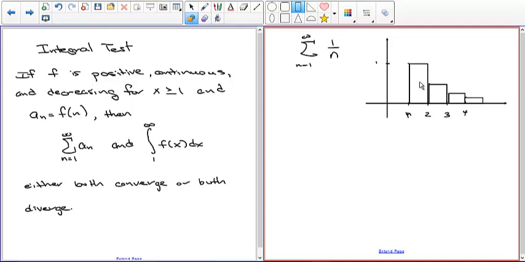Because they're all a width of 1 unit, the area is going to be the same as the value of the nth term in the series.